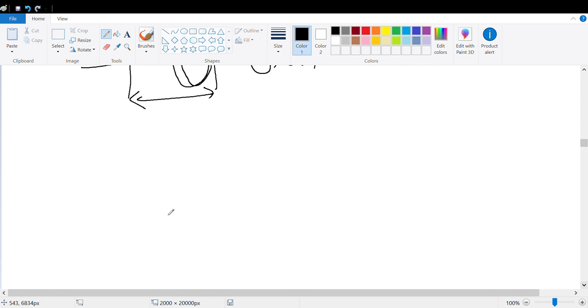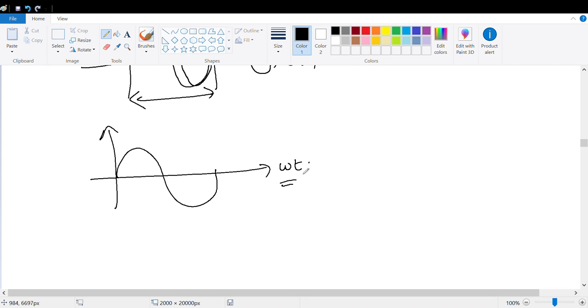Now take the other representation. Suppose you have an omega t scale, and this is a function of t. This is a sine omega t function. Omega means radians per second, and this is in seconds, so this is in radians.